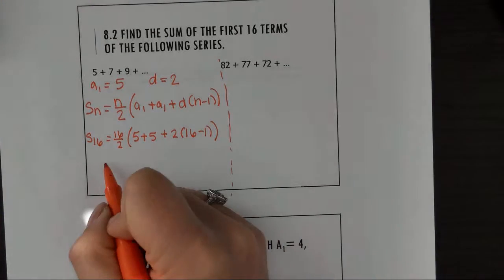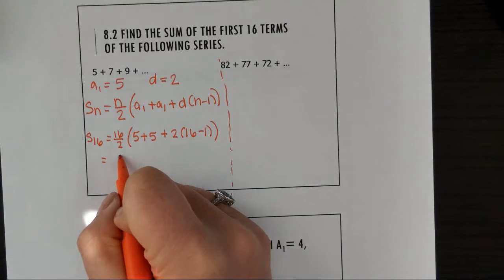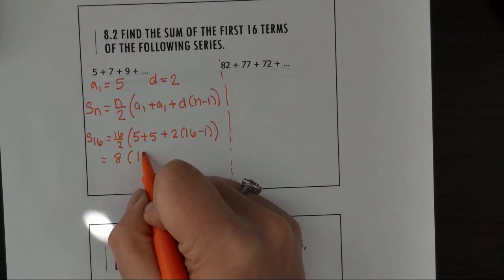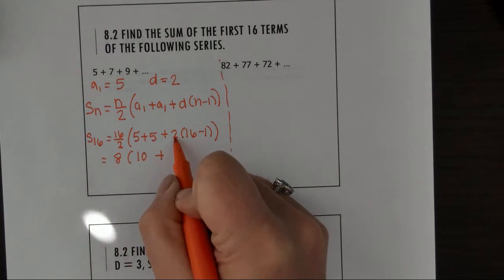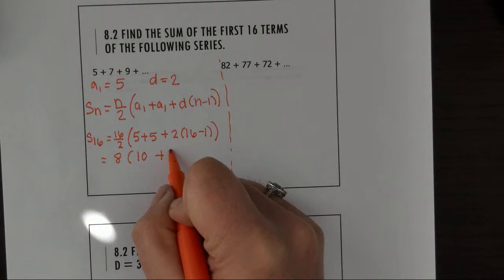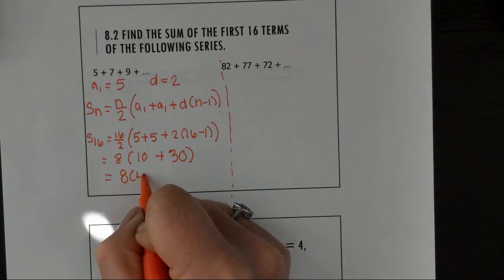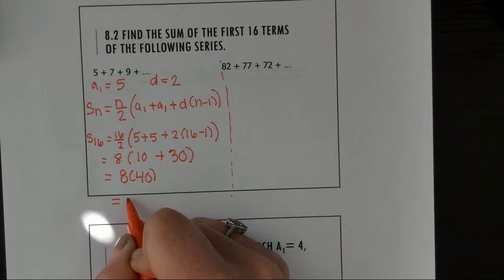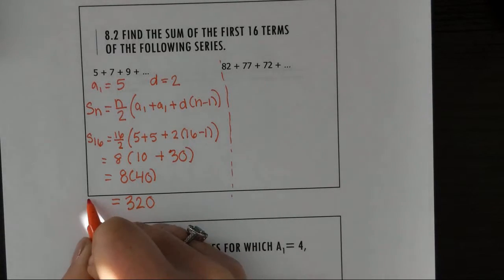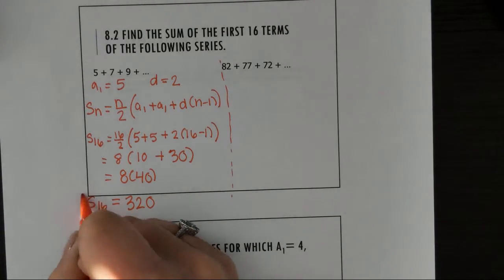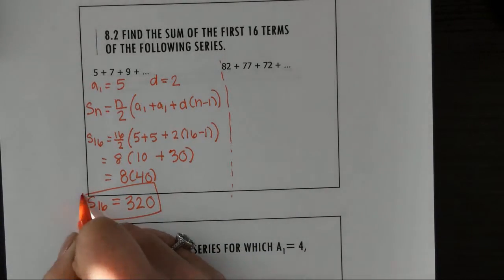And this is going to be 8 times 10 plus 2 times 15, which is 30. So we're going to have 8 times 40, which equals 320. So the sum of the first 16 terms is 320.